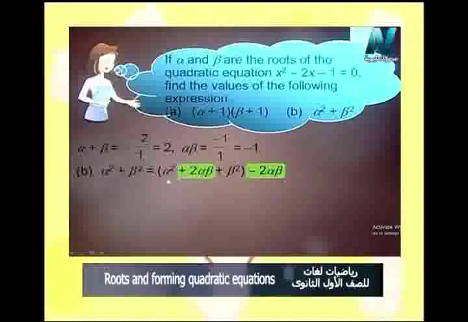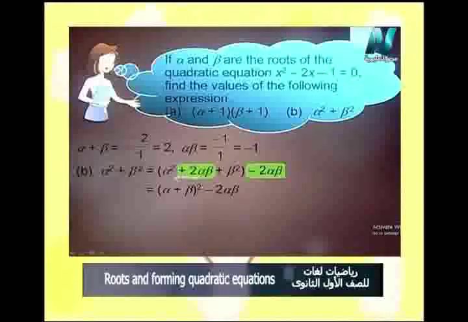Yes, we have the original expression, alpha power 2 plus beta power 2. We add 2 alpha beta and subtract it again, so we add 0. But we would like to change this figure.